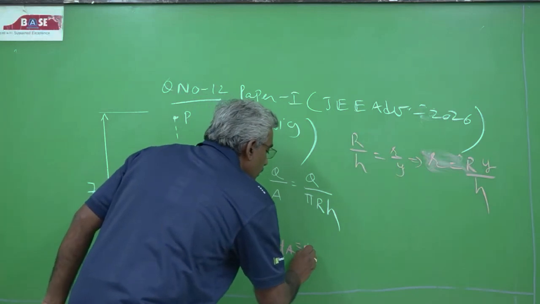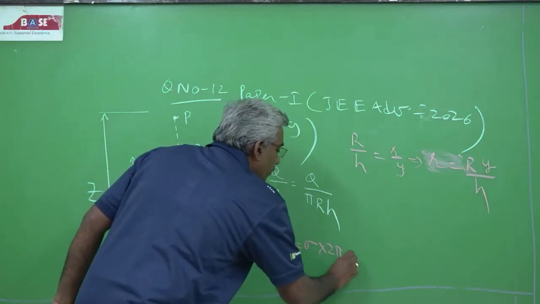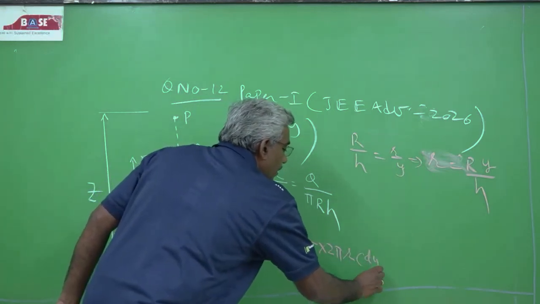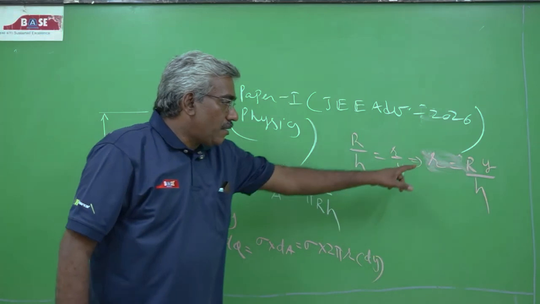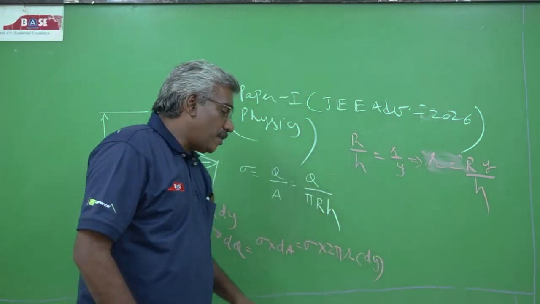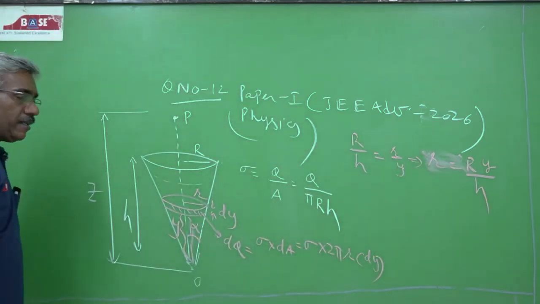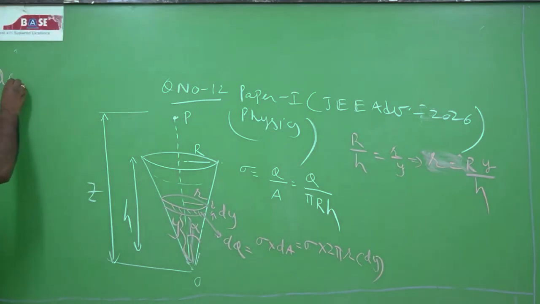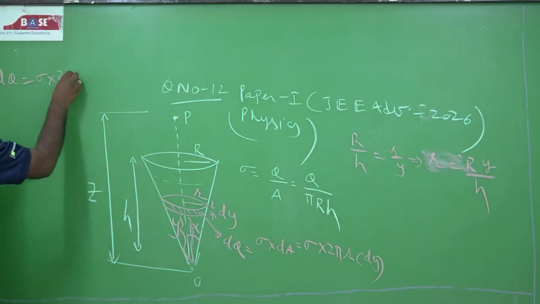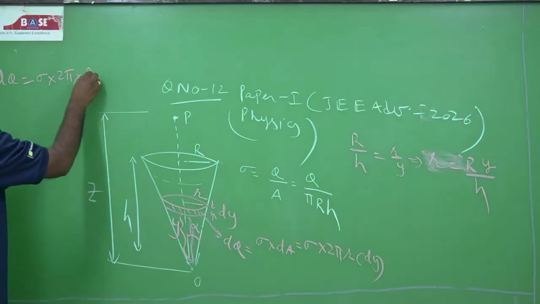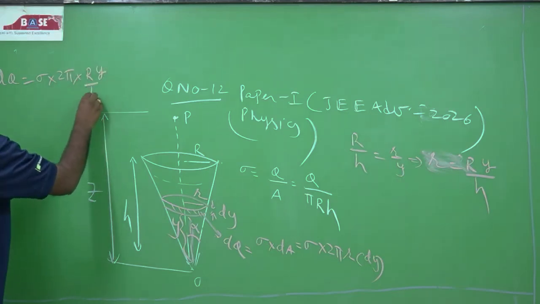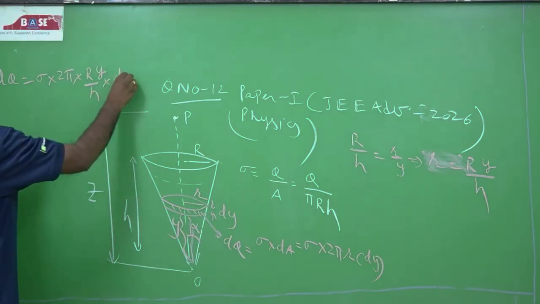So this is sigma into 2 pi r into dy. In place of r, I can substitute here. So dq can be expressed as sigma into 2 pi into capital R into y by h, whole multiplied by dy.